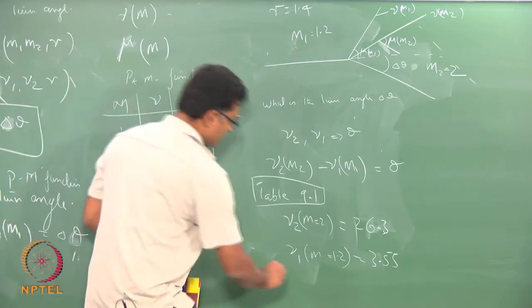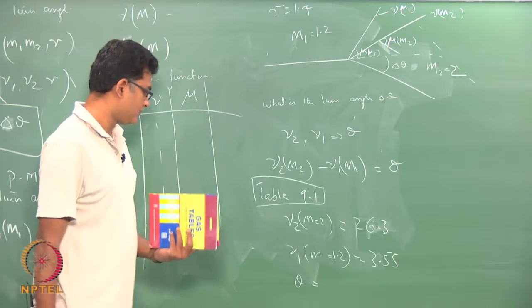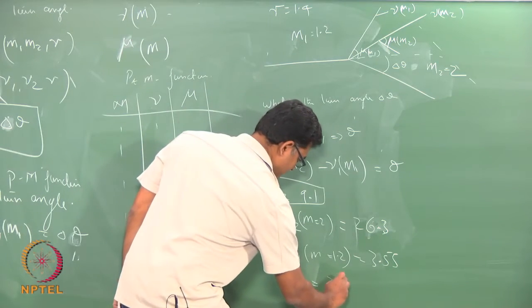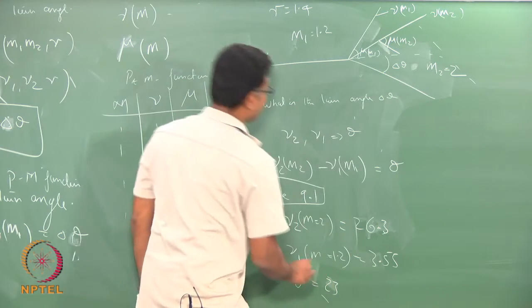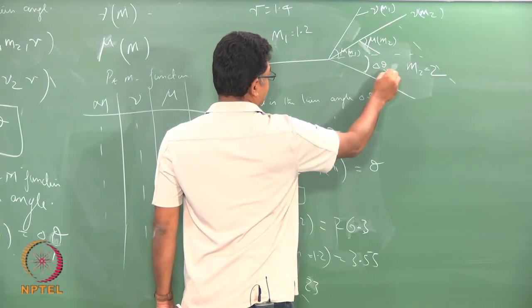So your delta theta is this minus this, that will be around 23. Around 23, which means this angle is 23.